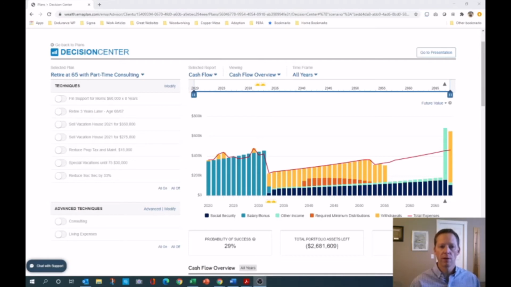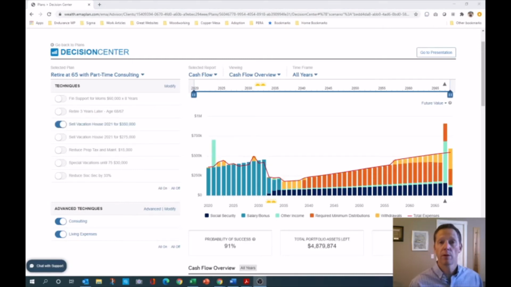So if we turn some of these different scenarios on, such as consulting and maybe reducing living expenses from 100,000 a year to 90,000 a year, and then we will also potentially, what happens if we sell that vacation home? We can do these individually or all together.